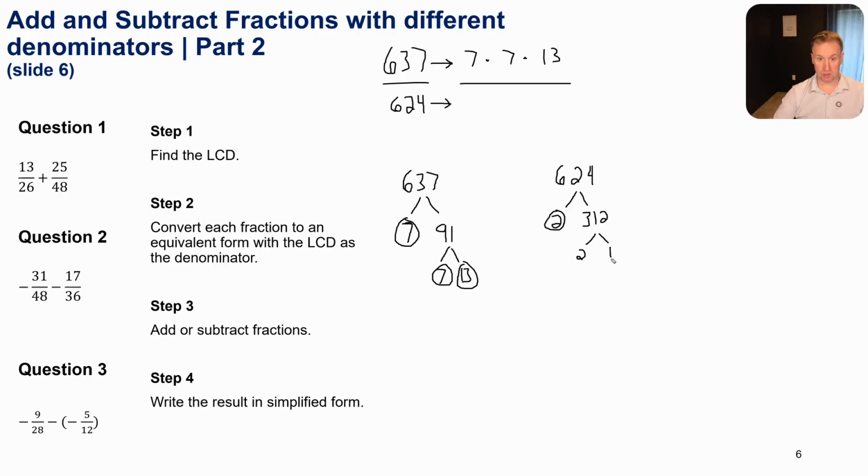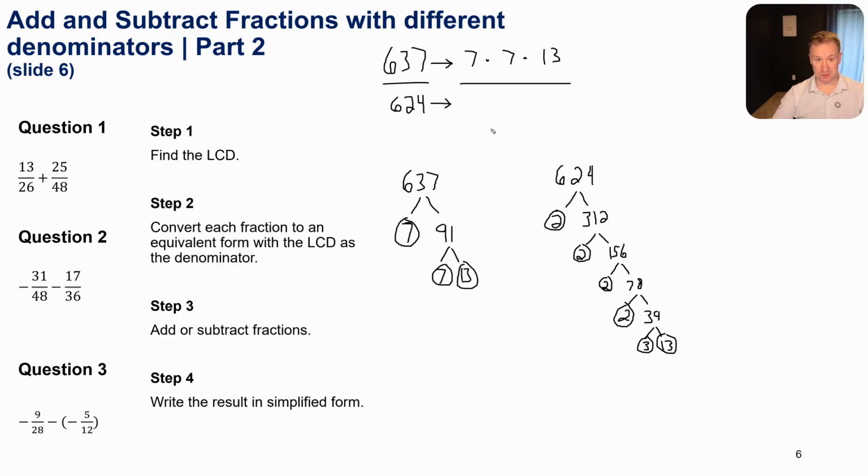So this would become 2 and 156. 156 could then become 2 and 78. We still got even factors. 78 can then become 2 and 39. All right, so now we've gotten to an odd factor. Can't factor another 2, but 39 can be factored by a 3 and a 13.